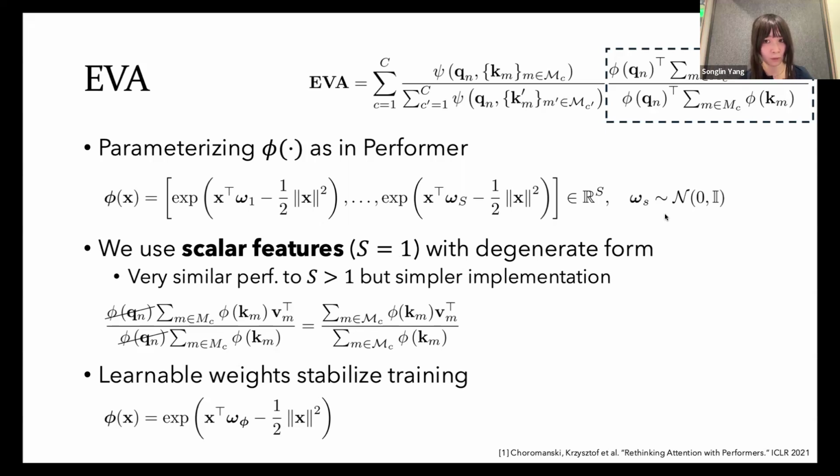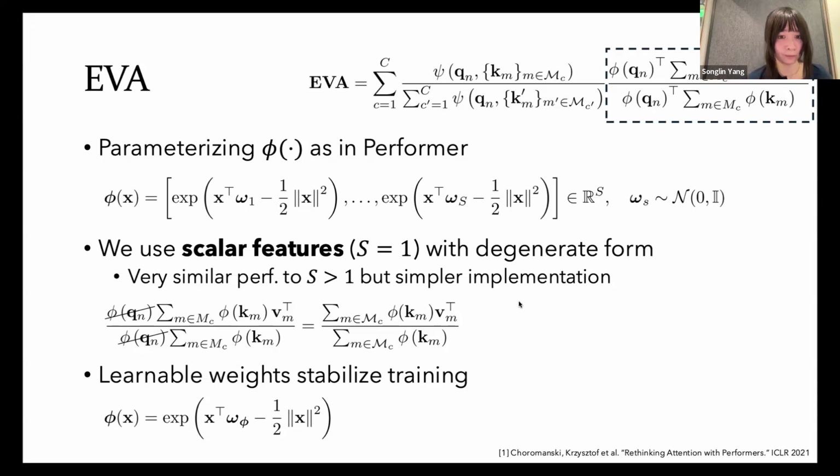But given that we have distributed the whole memory into multiple slots, it's possible to reduce the dimensionality to be very, very small. What we found is that even with scalar features, where the output of the random feature function phi is a scalar, it still works pretty well.